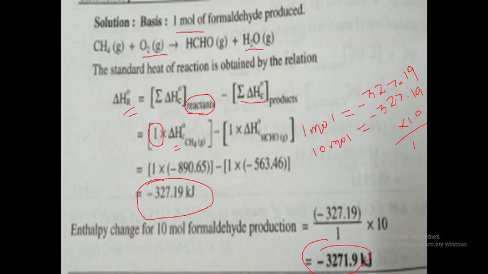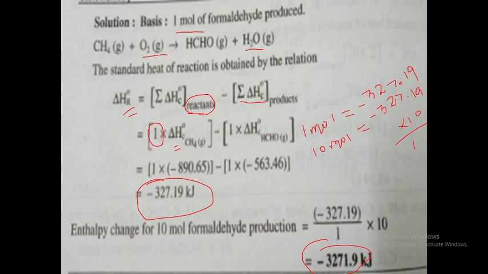So minus 327.19 multiplied by 10 divided by 1. Are you clear? Okay. So finally we get minus 3271.9 kilojoule. Are you clear or not?